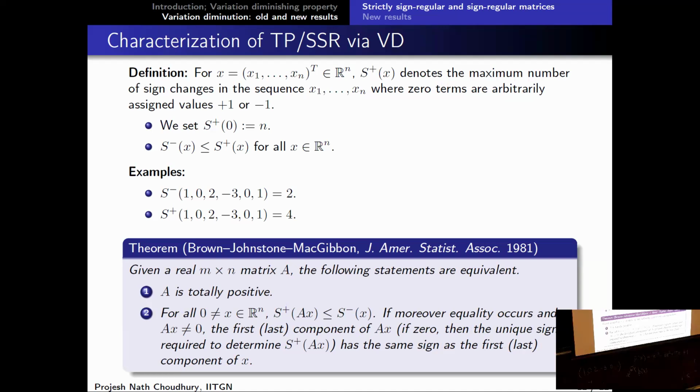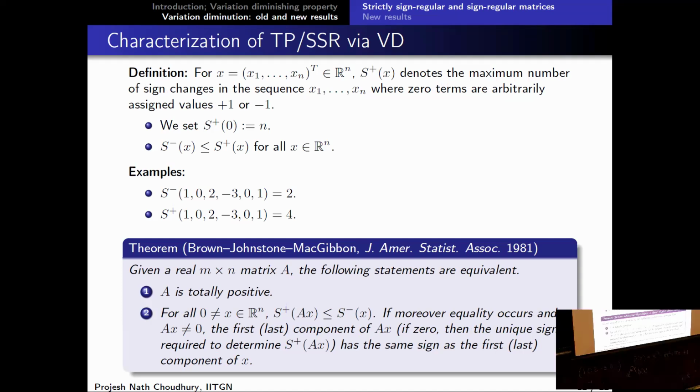That is, S plus of Ax is less than or equal to S minus of x. And if these are equal, then we look at the first component: the sign of the first component of Ax must be the same as the sign of the first non-zero component of x. Using this, they are able to characterize totally positive matrices.